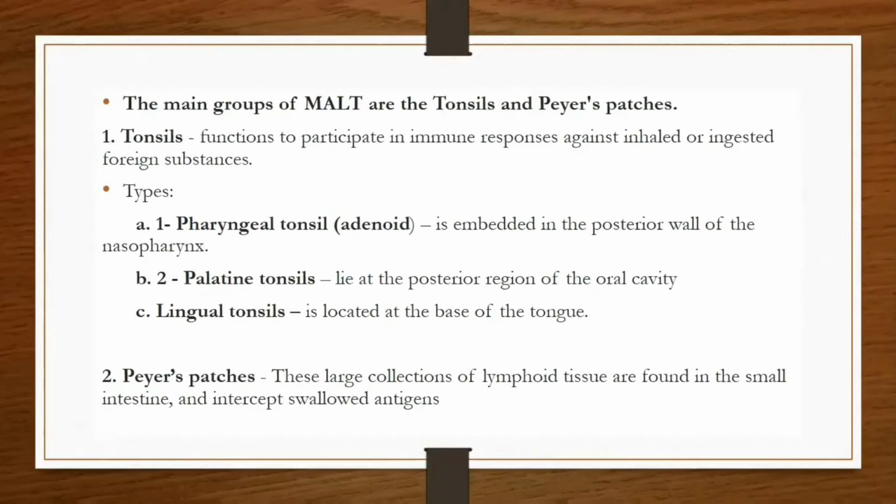First, tonsils. They function to participate in the immune response against inhaled or ingested foreign substances. Types of tonsils: first is the pharyngeal tonsil, or adenoid, which is embedded in the posterior wall of the nasopharynx. The next type is the palatine tonsil, which lies at the posterior region of the oral cavity.